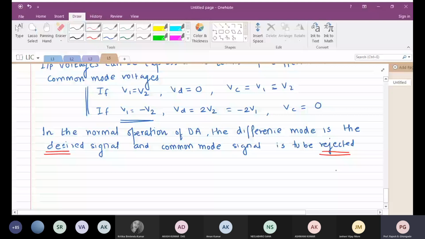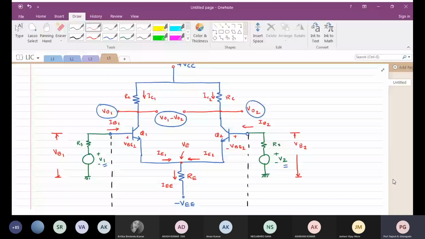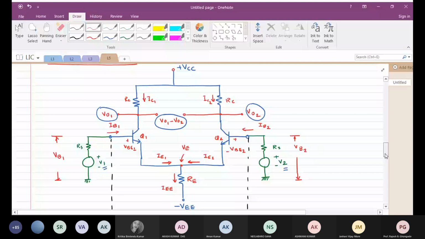So going back to the figure over here, if you apply KVL for the two base emitter loops. One more important thing: for this particular circuit, do you observe any biasing resistors? Are there any biasing resistors?